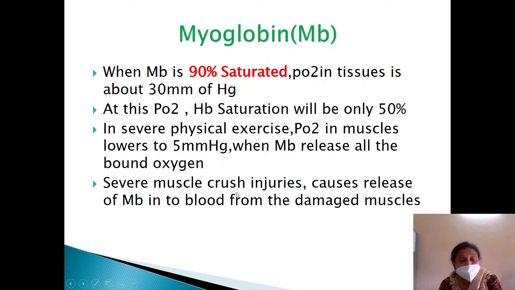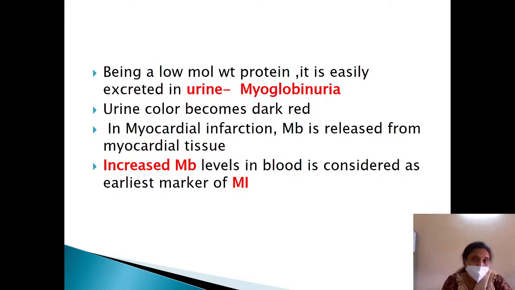Severe muscle crush injuries cause release of myoglobin into blood from damaged muscles. Myoglobin concentration is increased in blood in severe muscle crush injuries, because as it is present in the muscle, any injuries to muscles increase the concentration of myoglobin.